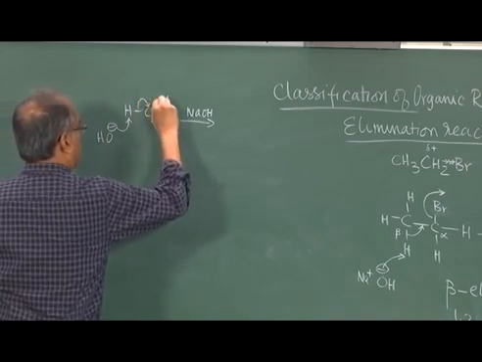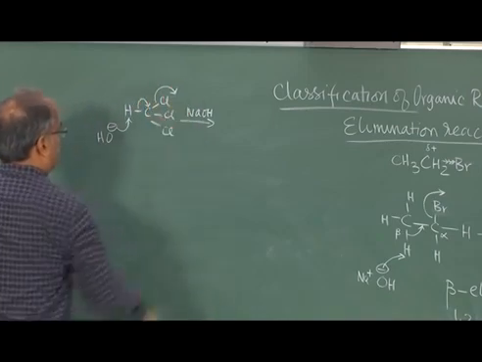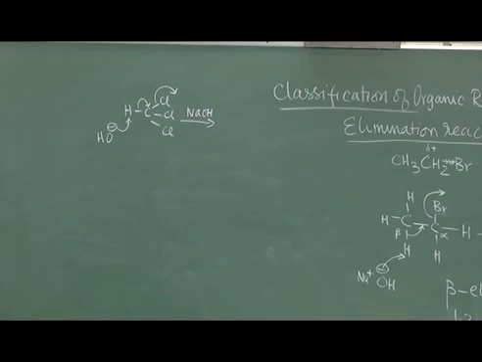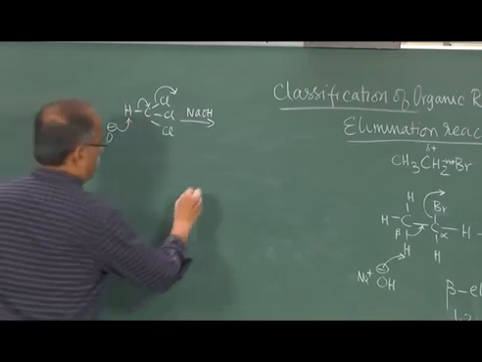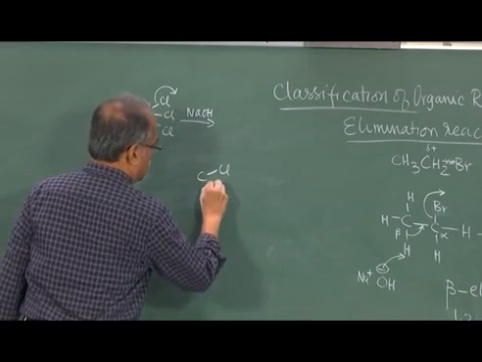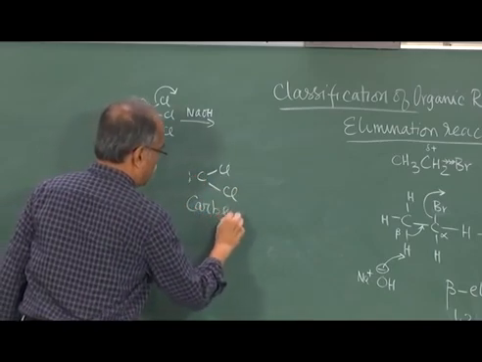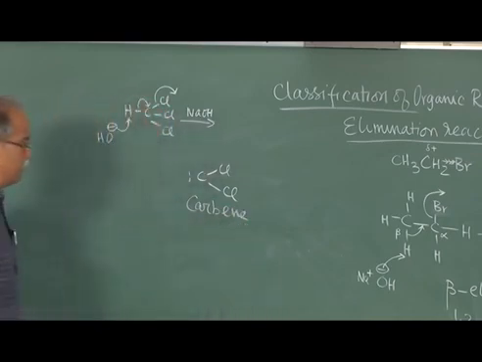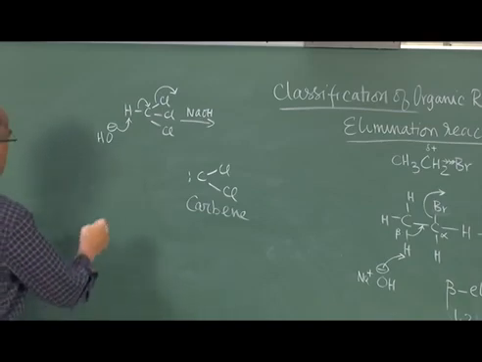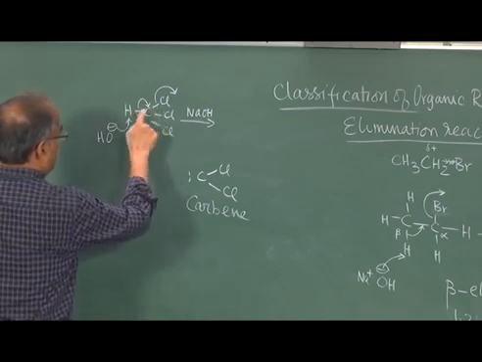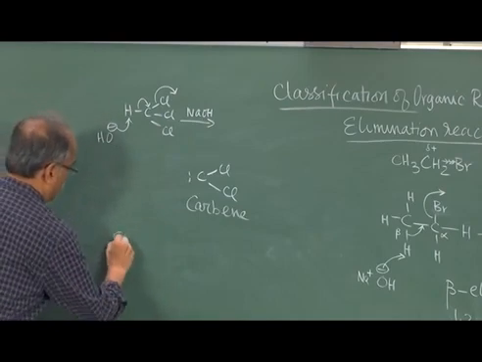In the process, the electrons get pushed in this particular manner, producing a species known as dichlorocarbene. This is a general way of making dichlorocarbene. So, this is alpha elimination because both the groups are eliminated from the alpha position itself.